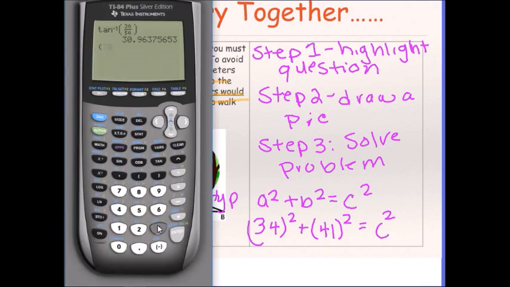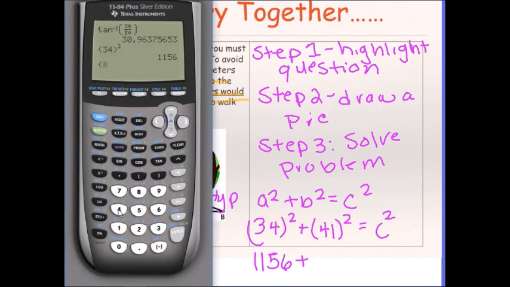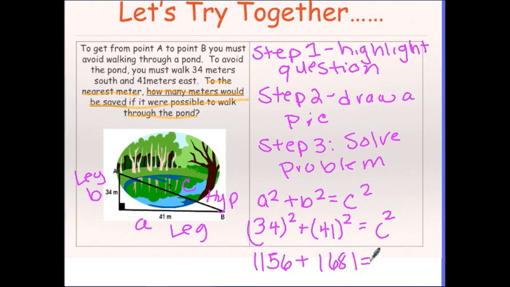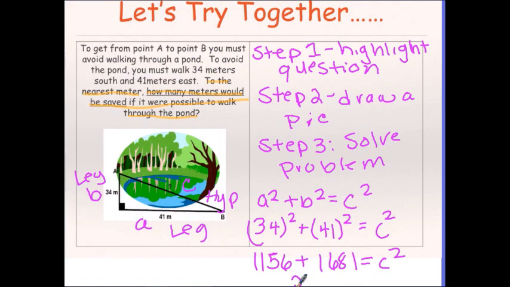So we get 34 squared, which is 1156, plus 41 squared, which is 1681, equals c squared. I'm going to add those two together. So we get 2837 equals c squared.